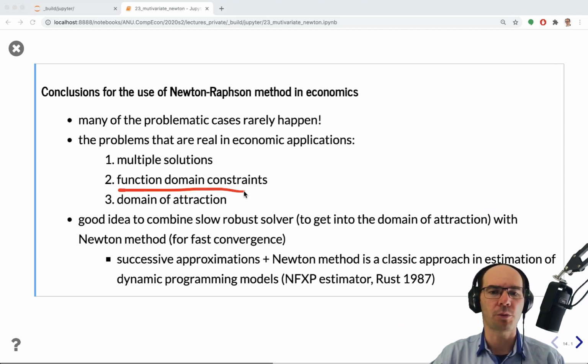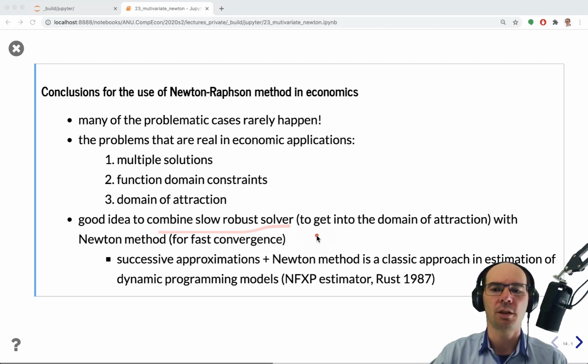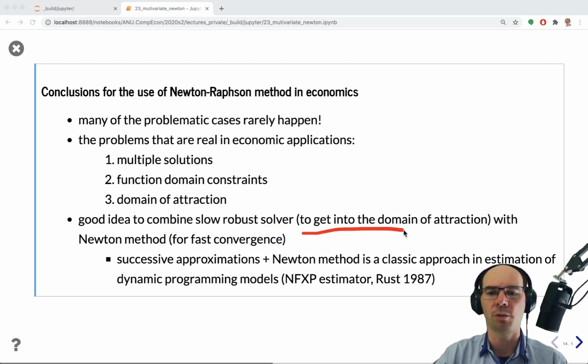The same thing goes with domain constraints. It's basically studying the theoretical property of the model. Domain of attraction is more of an art. So again, trial and error, but a very good idea is to combine a few methods. So you can have a slow, robust solver in the beginning, with the main idea to get into the domain of attraction of the problem.